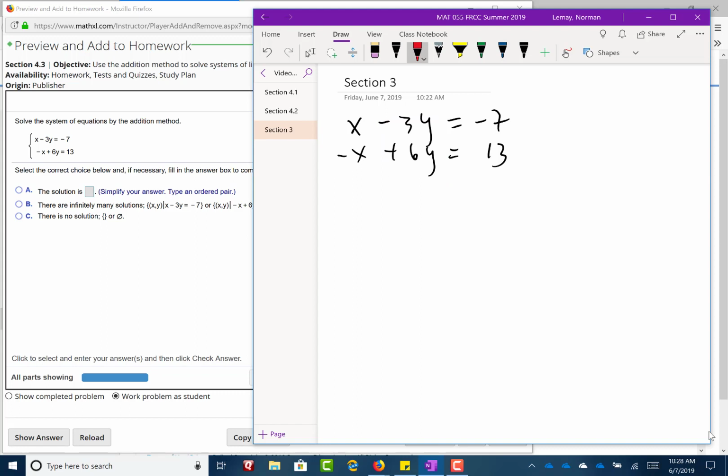But since we like to take the path of least resistance, that's our whole goal here, as much as possible, let's just go ahead and eliminate the x.